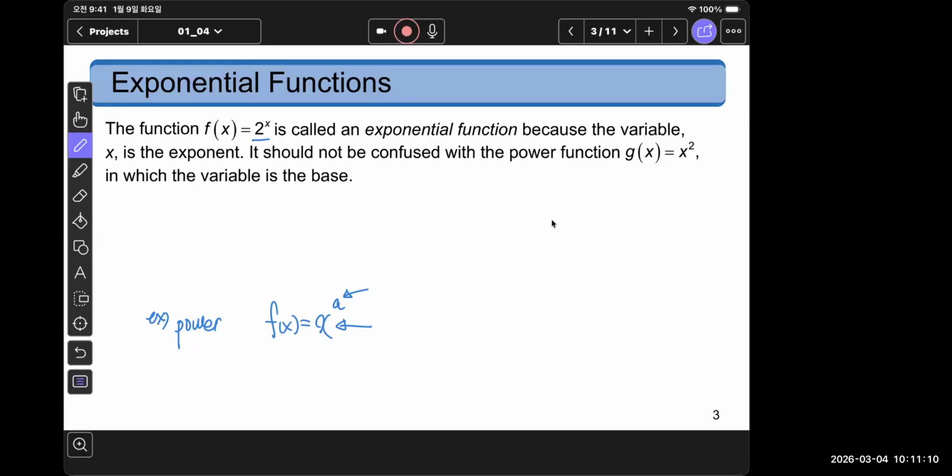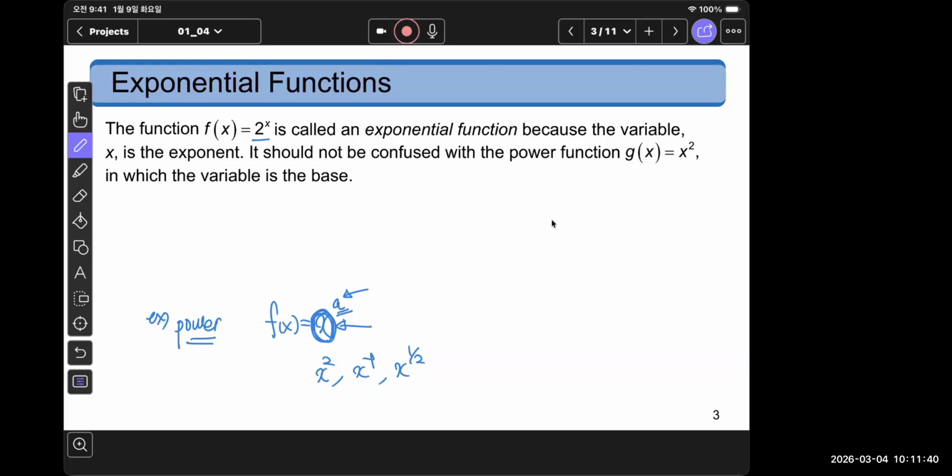So in case of a power function, the base is a variable and the exponent is a constant. If your function is of such a form, then such a function will be called a power function. And we considered several examples like x squared, x to the negative 1, x to the 1/2, right? Those were examples we considered in the previous section.